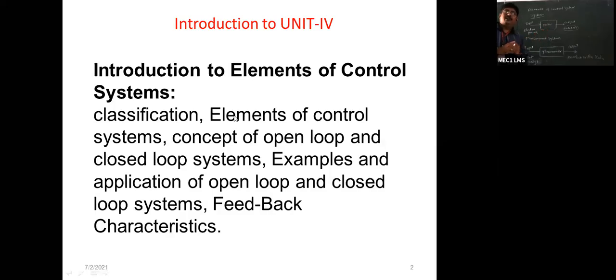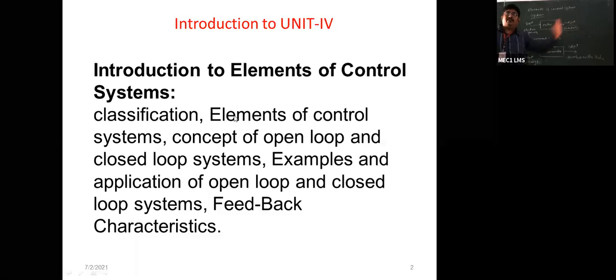Here the input is an electrical source and the output from the motor is a rotation. Here the output is not affecting the input. That means the rotation of the motor is not our desired output.